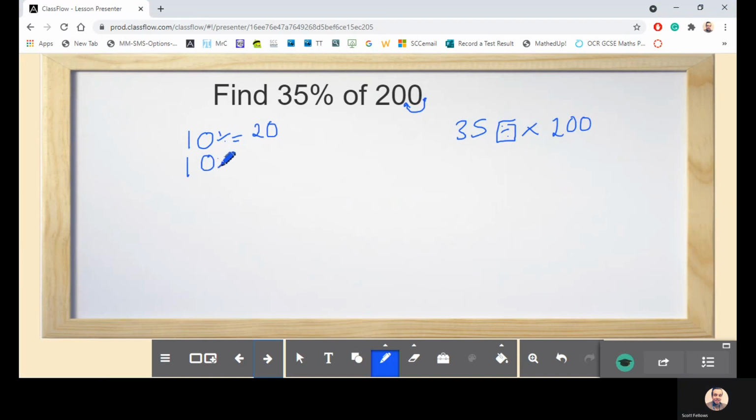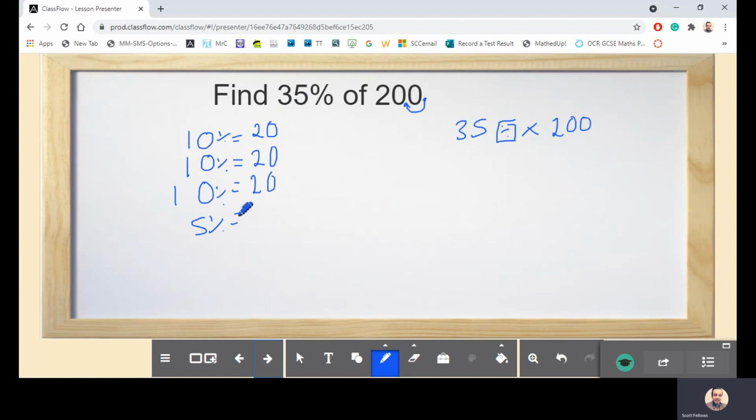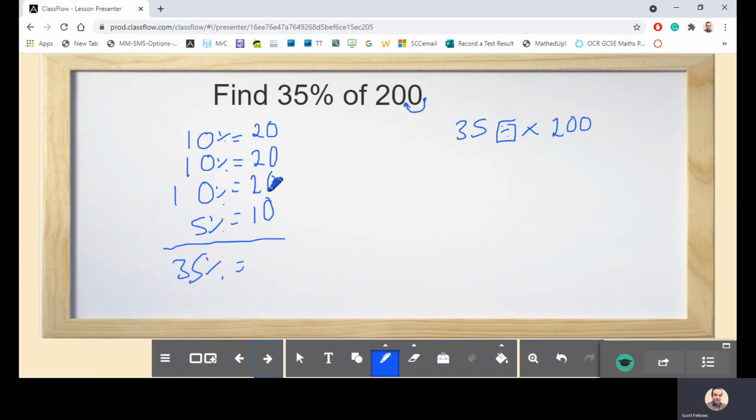And then another 10%. And then a 5%. If we add all these together, it's going to give us the 35%. So 10% is 20. Another 10% is another 20. Another 10% is another 20. And 5%, remember, is half of 10%. That's going to be 10. Add all these together, it's 35%. And it's 20, 40, 60, 70. Okay, again on a calculator, 35, percentage button, times 200, which would also give you 70.